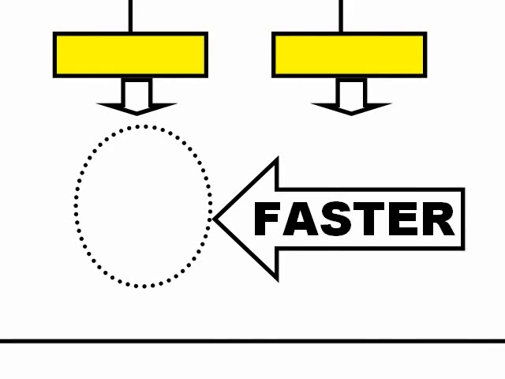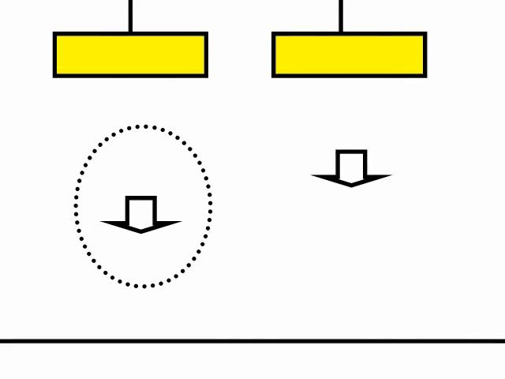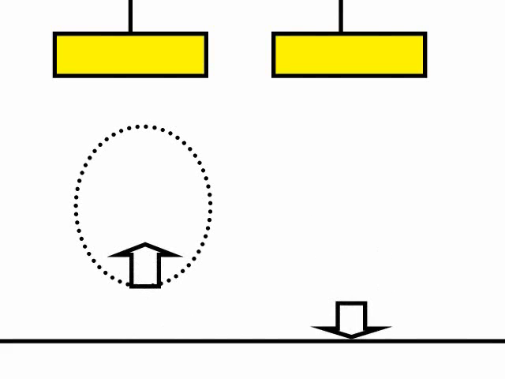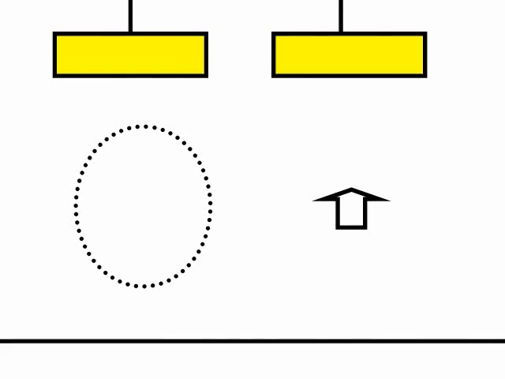On the contrary, when the area is faster, the pulse goes faster in the area, the echo also goes faster in the area, and echoes that are behind the faster area come before the echoes that are in the normal area.